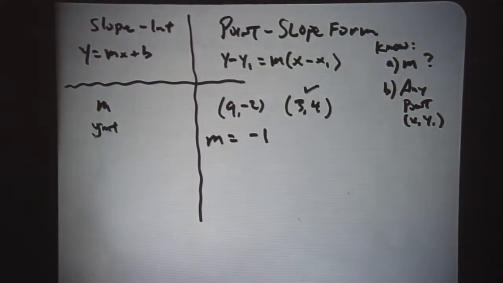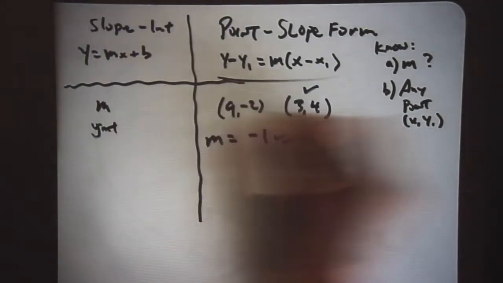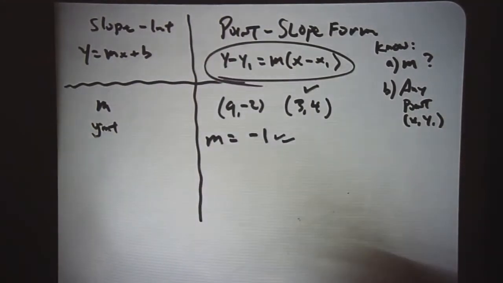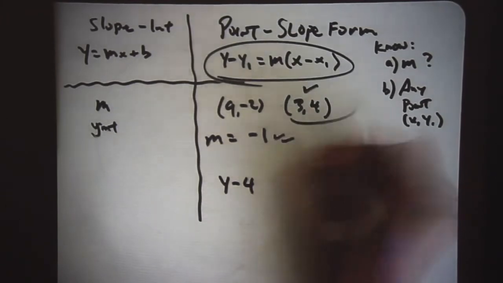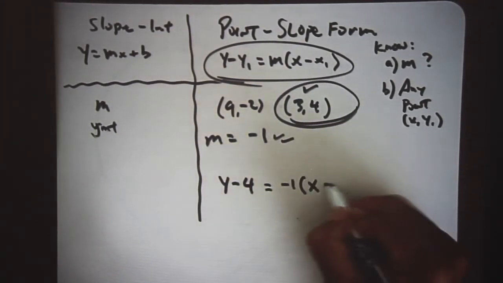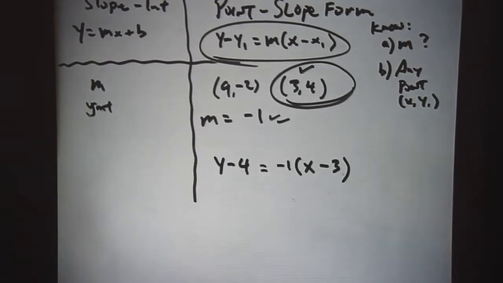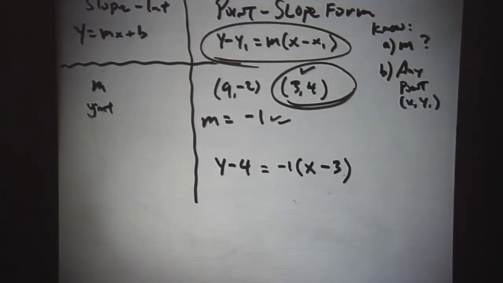So in point-slope form, after I find the slope equal to -1, I can plug into this form of the line by saying, well, y minus y1, y1 is 4 in this problem because I'm going to use this point here, equals -1 times (x minus x1), x1 is 3, and this is the equation of the line in point-slope form. It's perfectly acceptable to leave it in that form if it's asking you for point-slope form, or if it doesn't say a specific form at all. It says just build the equation, boom, you're done.